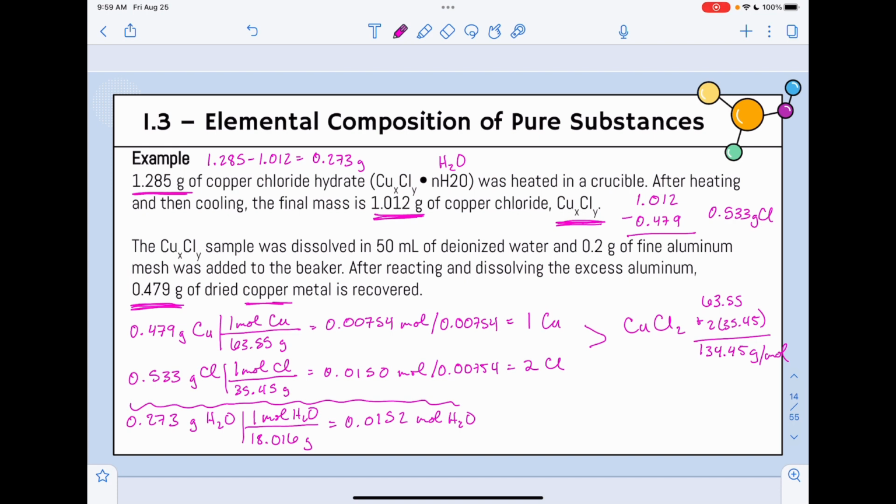Okay, so I know that I had 1.012 grams of copper 2 chloride after heating. So I'm going to convert that into moles.